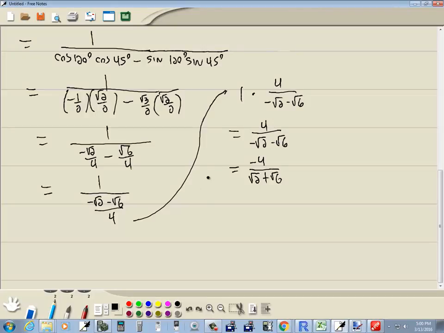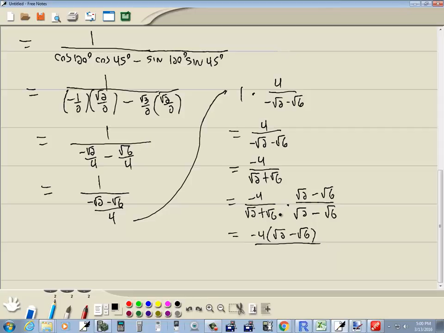To get rid of the square roots down below, you have to multiply top and bottom by the conjugate of the bottom. Conjugate means the first part's the same, last part's the same, the sign in the middle is different. So that'll be square root of 2 minus square root of 6. Which gives us negative 4 times square root of 2 minus square root of 6.